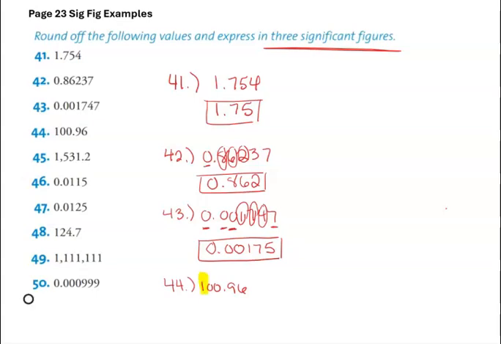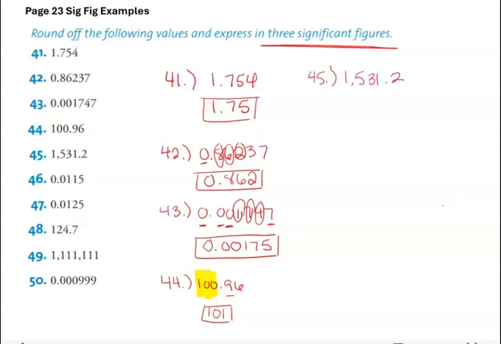Our 1 is now going to be significant, and because that 1 is to the left of those two zeros, those zeros can also be significant. Our answer is going to be 101, because that 9 is going to round it up to 101. So our three significant figures is 101.